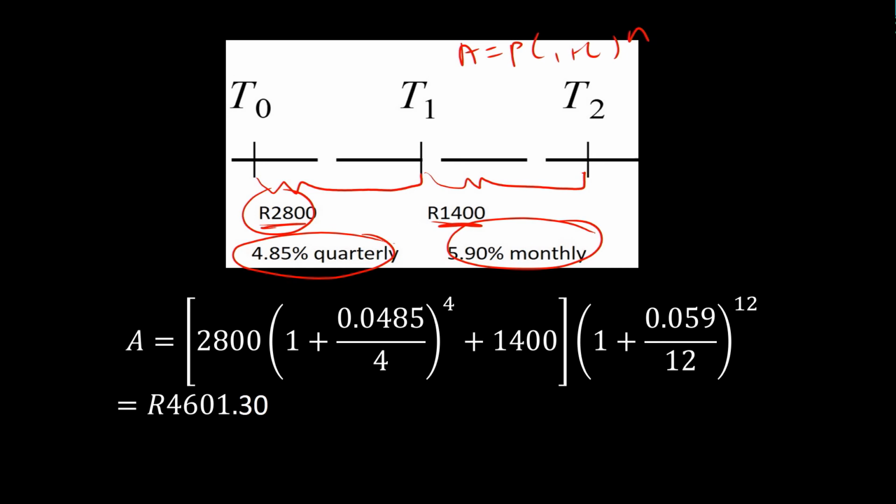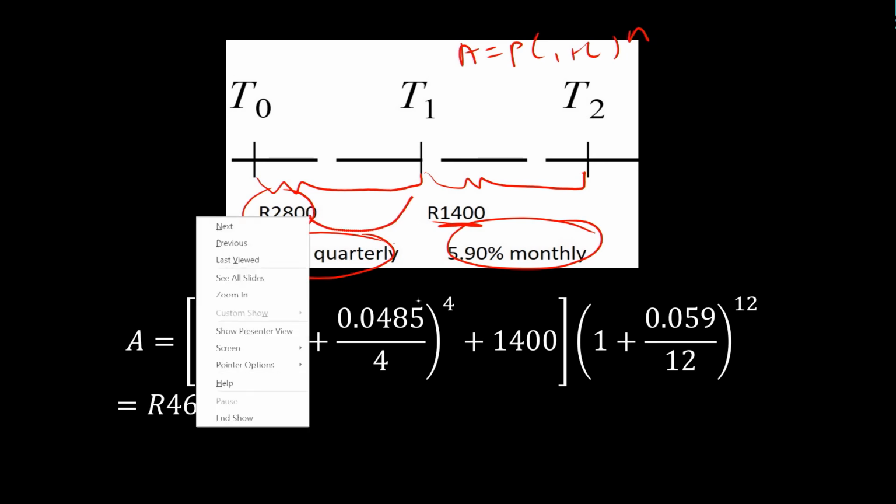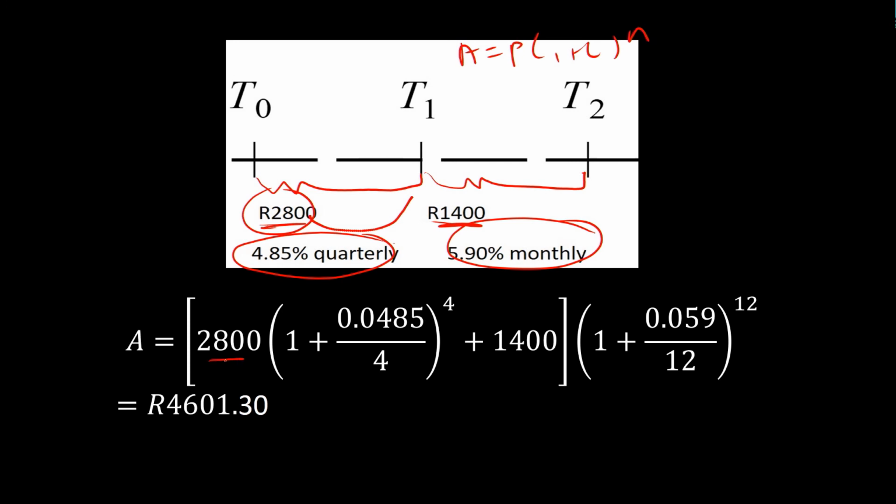So therefore, to get from time 0 to time 1, all I do is I say 2,800 times by 1 plus 0.0485 divided by 4 to represent the quarterly. In that time, we've got 4 compounding periods, so raised to the power of 4. When I get to this point at time 1, I then add the 1,400 Rand into the account.